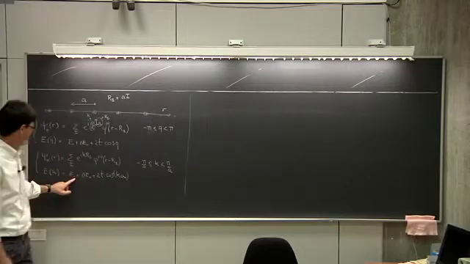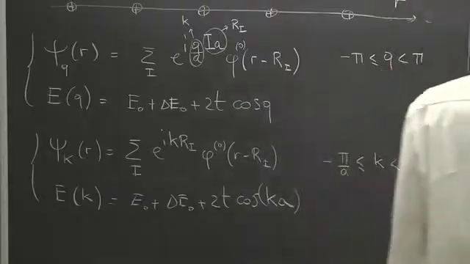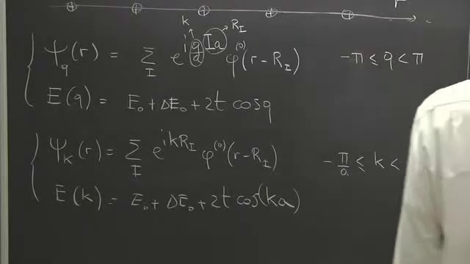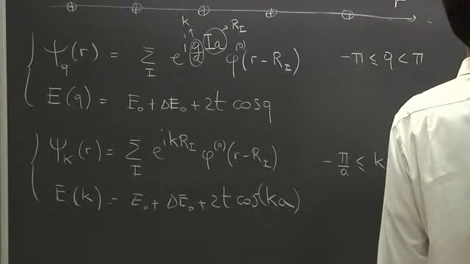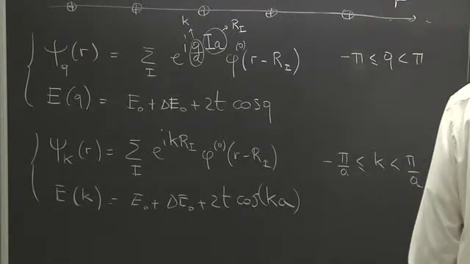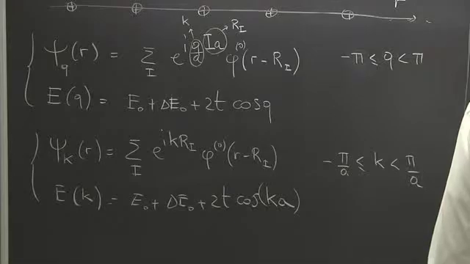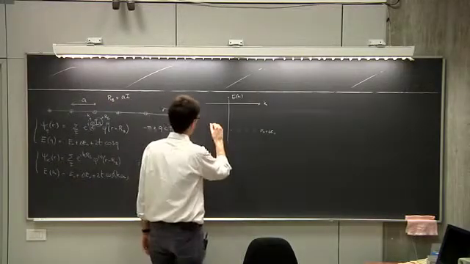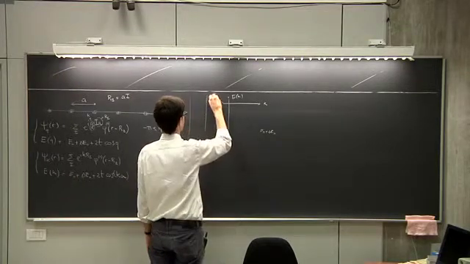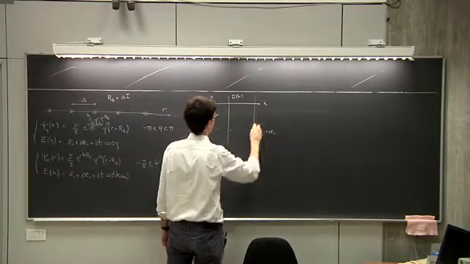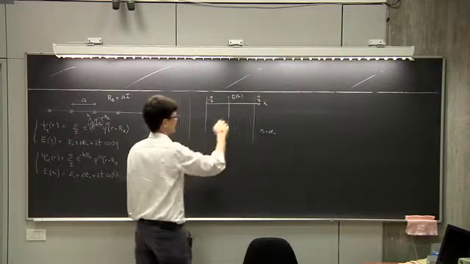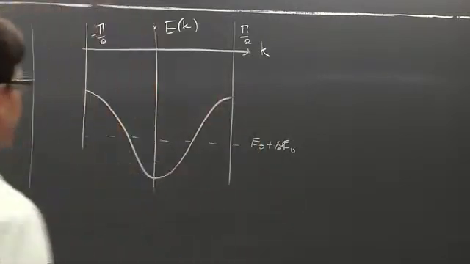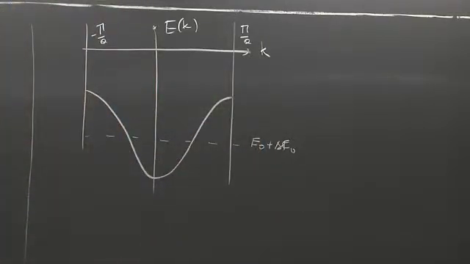So let me now plot again this function. I'm just replotting. Let me do it properly. Now I'm putting E naught plus delta E naught as a negative number. This is minus pi over a. This is pi over a. We're now as a function of k, and this is the energy as a function of k.